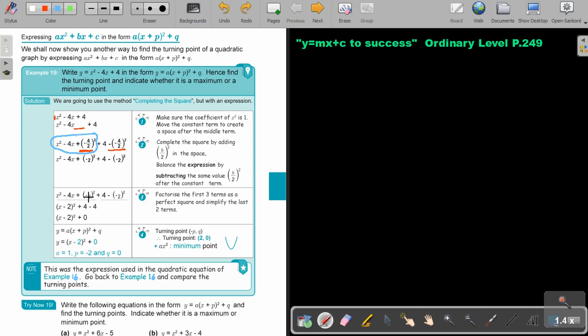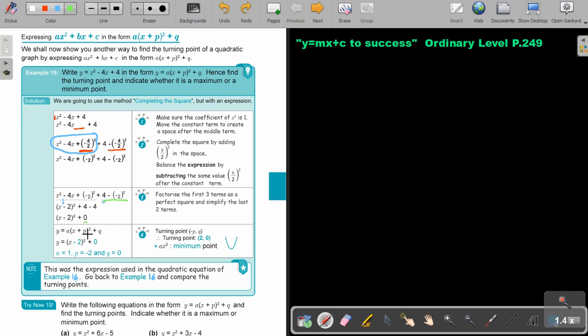We take the middle, and negative 2 times negative 2 will be positive 4, and actually you just take that 2, because there is the sign. If that sign is a positive, this will be a positive. If it is a negative, then this will be a negative. And now I just simplify the last 2 terms. So it's 4 minus 4, that becomes 0. Okay? So now I'm sitting with it in this form.